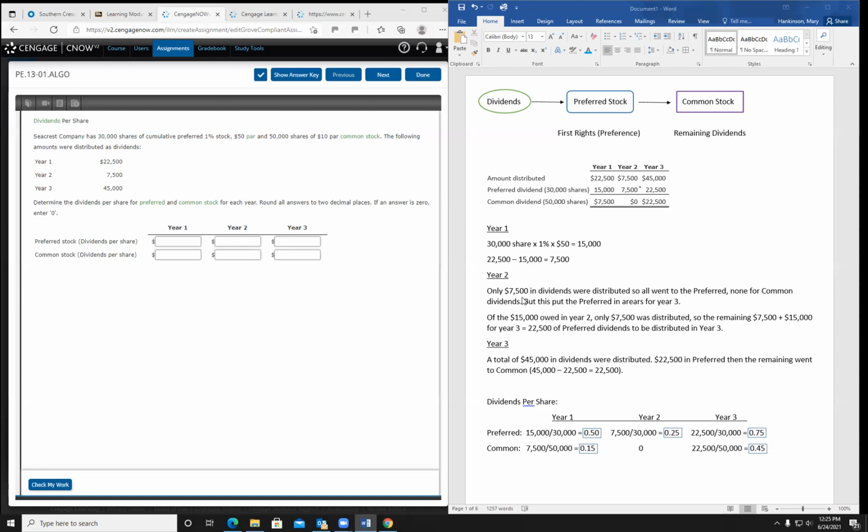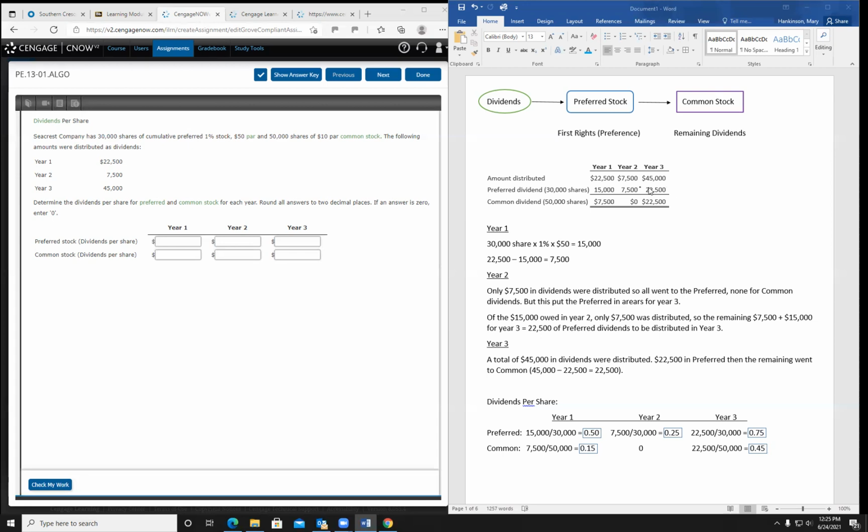So if we look over here, of the 15,000 owed in year two, only 7,500 was distributed. So the remaining 7,500 that we owe is now added to the 15,000 that we owe for year three. And that's where this 22,500 number came from.